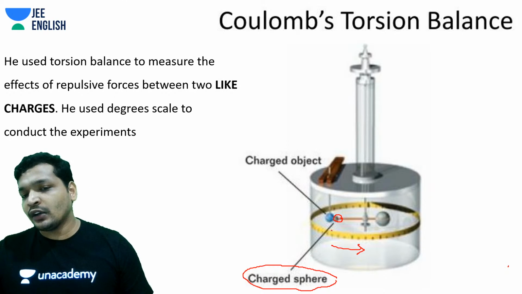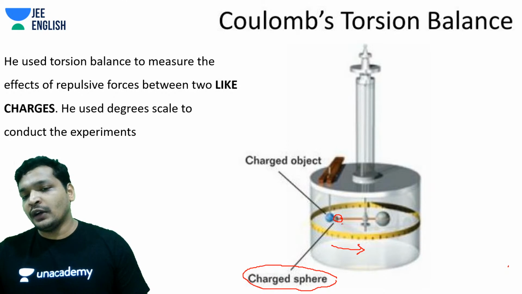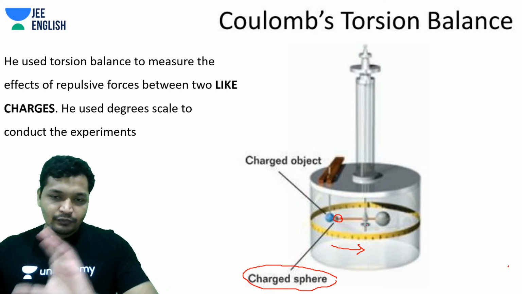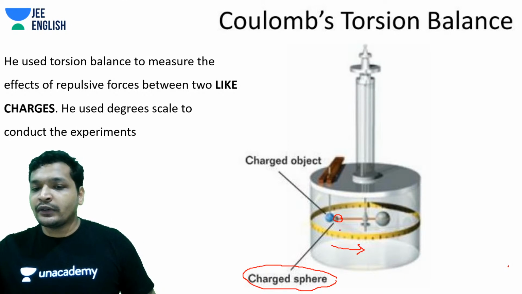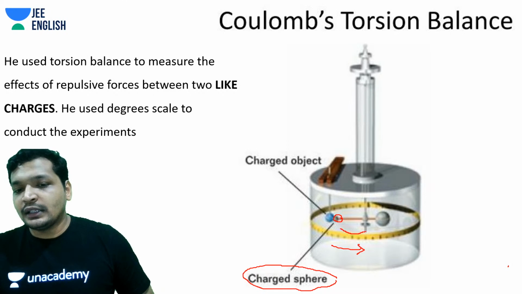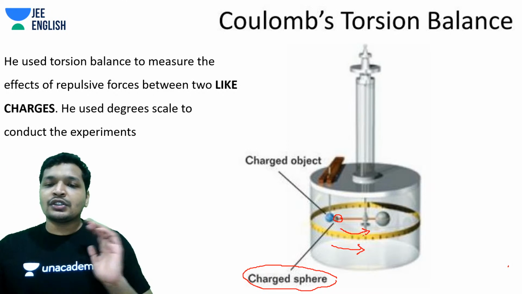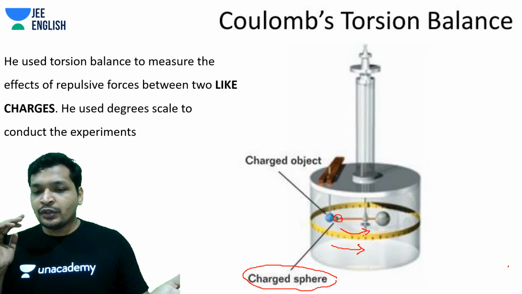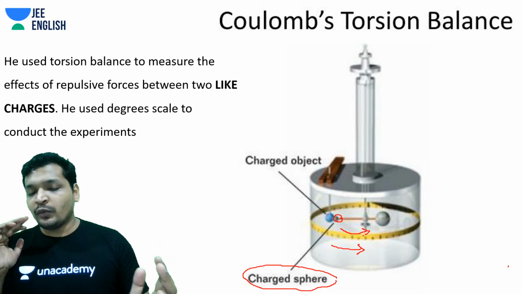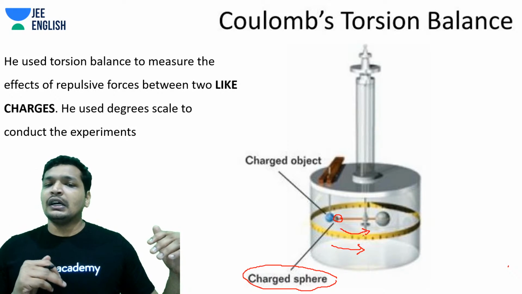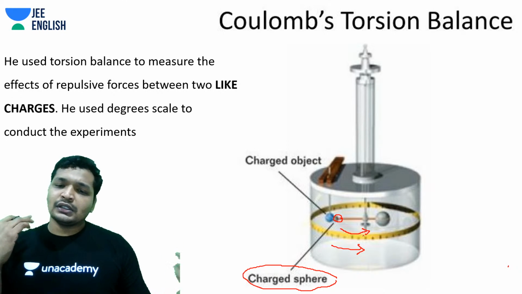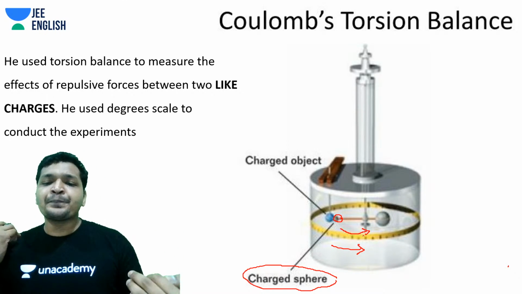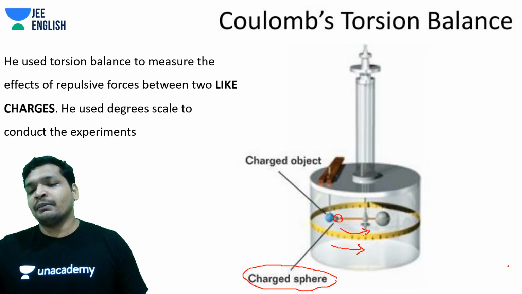So it cannot move linearly, but rather it can move in a circular motion, and there was a torque. So due to this repulsion, there would be some torque. Why repulsion? As we saw in the earlier session, like charges repel. So in this case, it was like charges and they repelled. And there was some deflection.